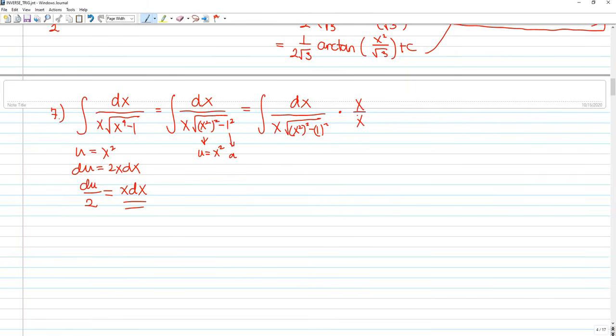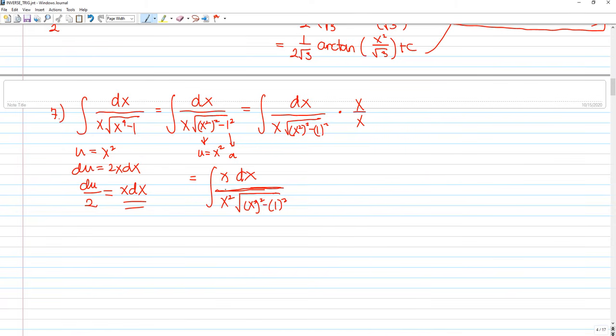Okay? So, multiplying it by x over x is still valid as long as you multiply it in the numerator and the denominator because x over x is still equal to 1. So, simply, this would become the integral of x dx all over x squared multiplied by the square root of x squared squared minus 1. Okay?